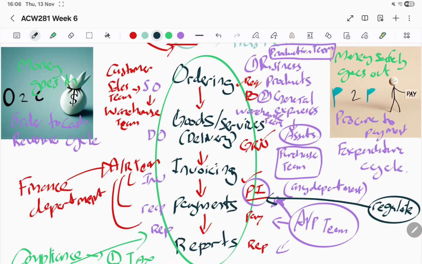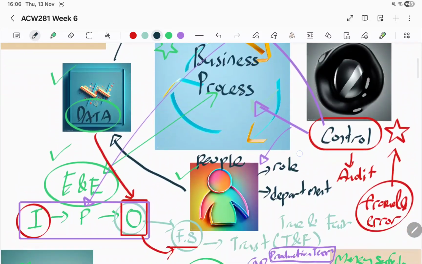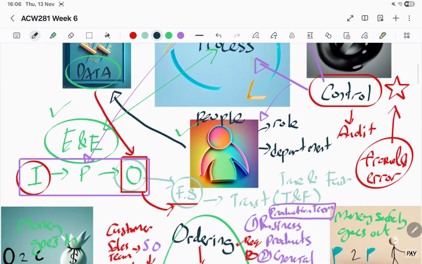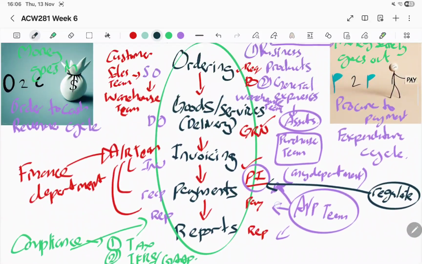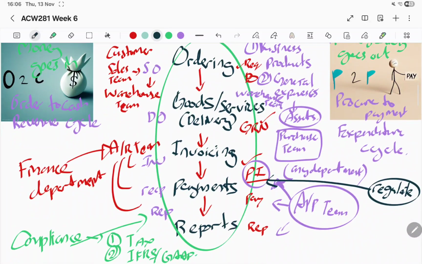But how do we control this, right? This is the part where we control the data and the people with the process. To control this is the three-way matching. Three-way matching, you know that term. Three-way matching is to match the purchase invoice to the purchase order and the goods receipt notes.